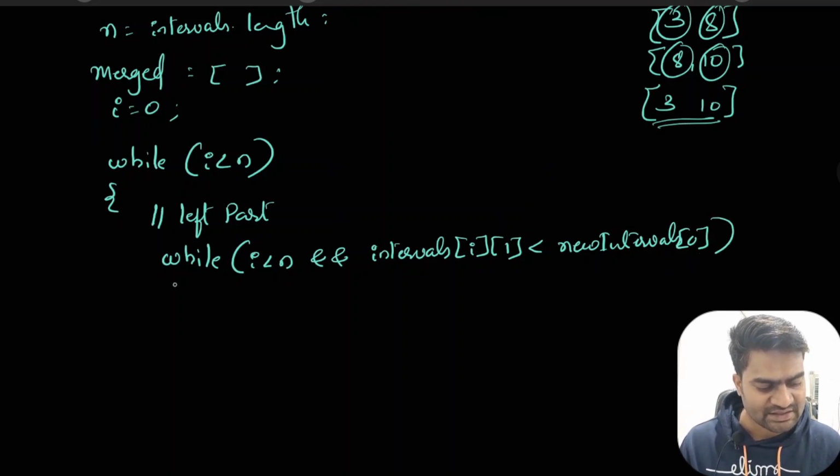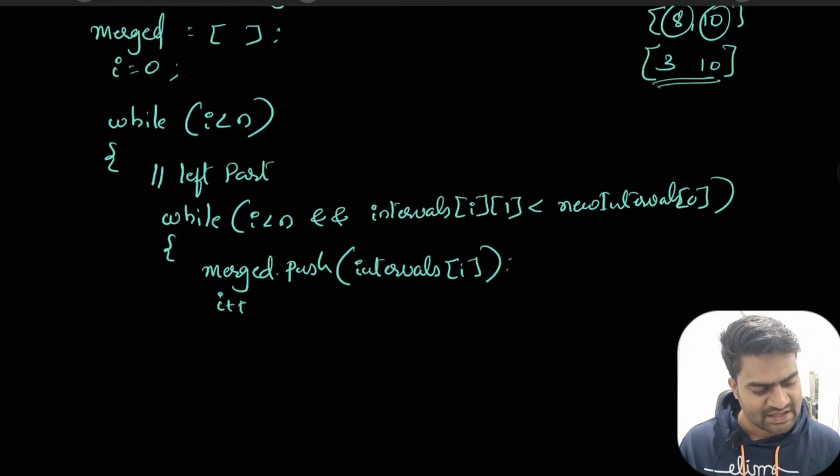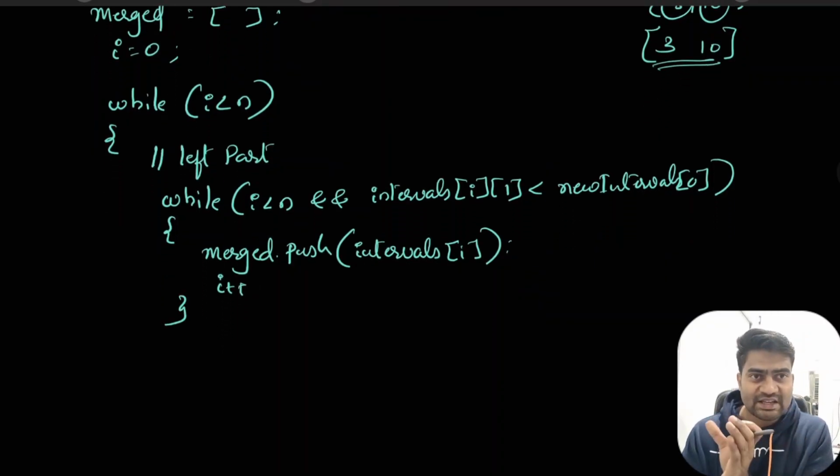As long as this is the case, I will simply say merged dot push or add intervals of i, because this is the non-overlapping part. After that, I will have to increment my i. So this is processing the left part.